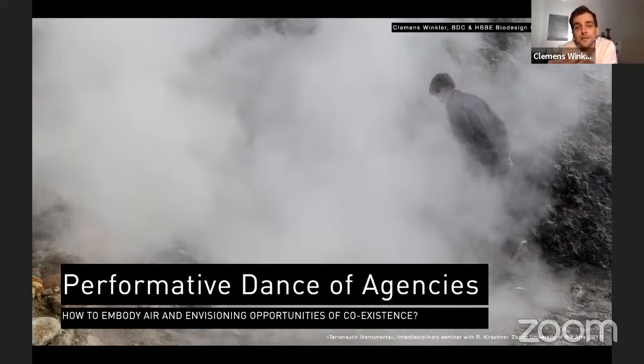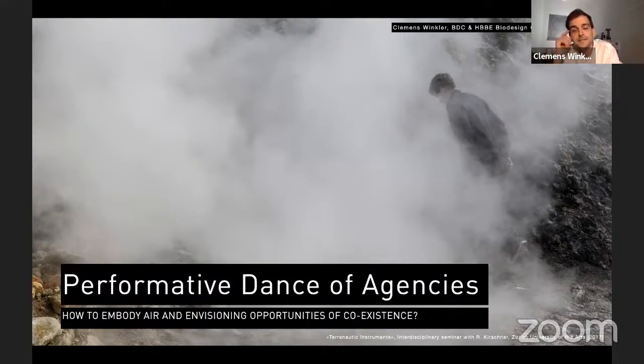It's from a seminar with students where we went to the volcanic island Stromboli, to a volcano, to explore the sulfuric fumes and to work in this vapor and to explore new ways of practicing design.